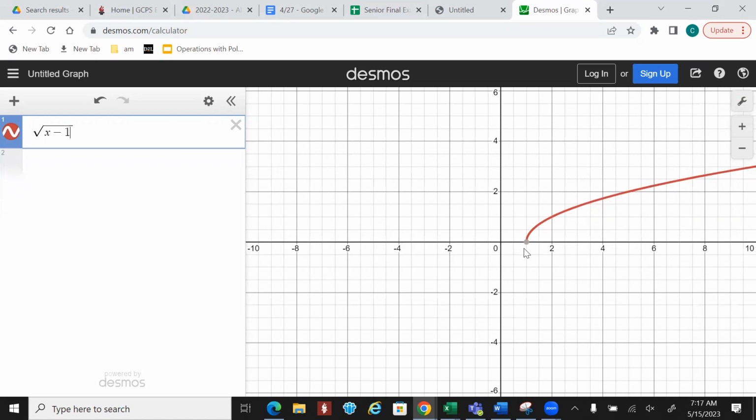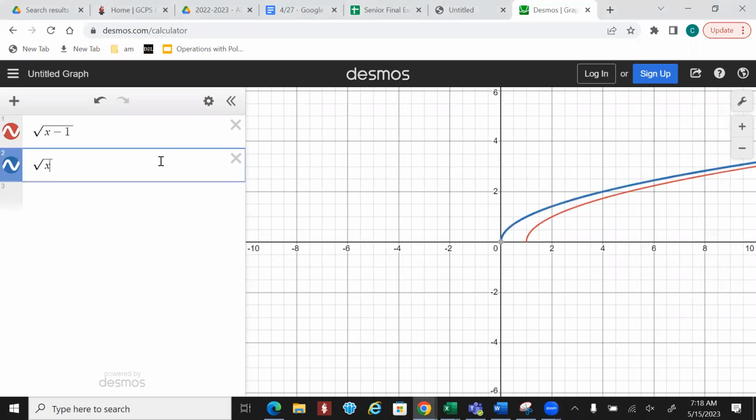Let's compare this to the parent function. Blue is the parent function, the original function. From the blue to the red, what happened?